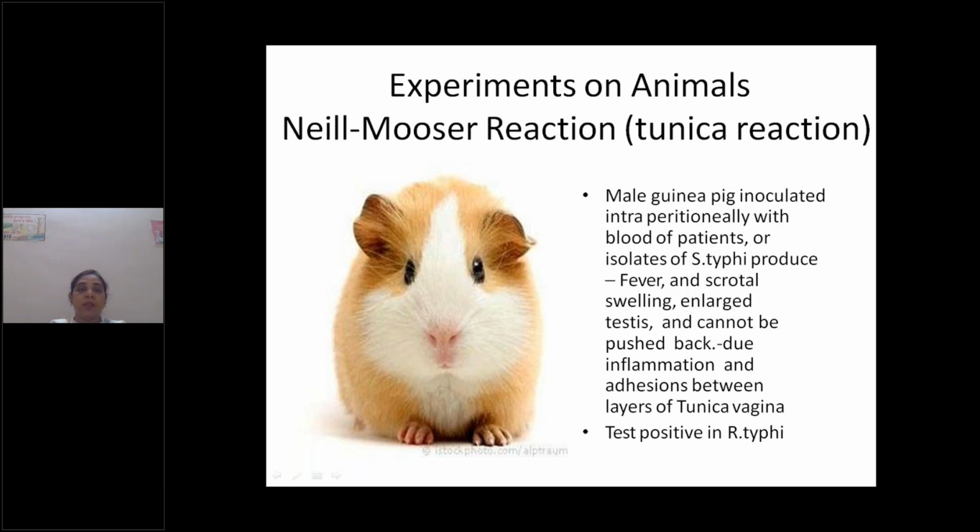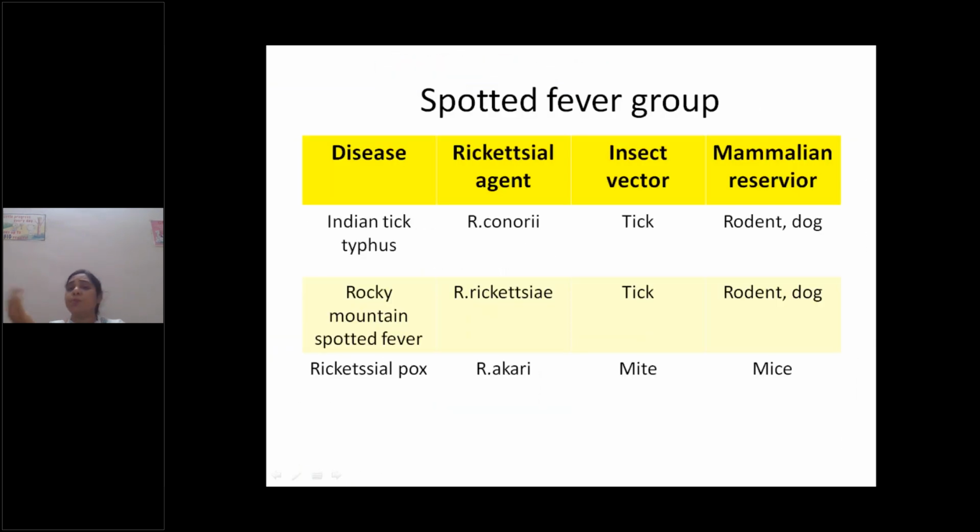Next, you have learned about spotted fever groups. How many are there? 3 spotted fever groups. What are they? Indian tick typhus, Rocky Mountain spotted fever, and Rickettsialpox. Indian tick typhus is caused by Rickettsia conorii, Rocky Mountain spotted fever by Rickettsia rickettsii, and Rickettsialpox by Rickettsia akari. Vectors: Indian tick typhus and Rocky Mountain spotted fever are transmitted by ticks.